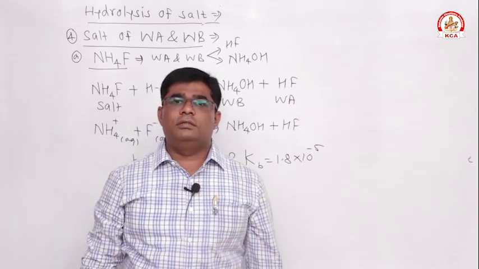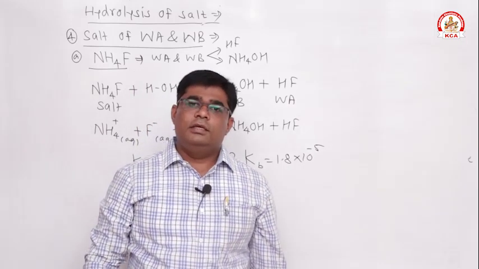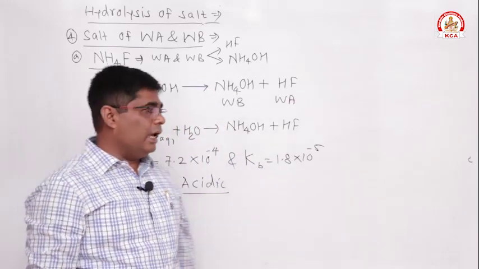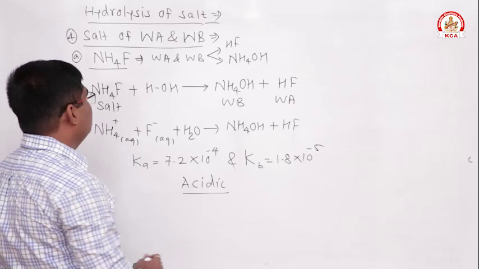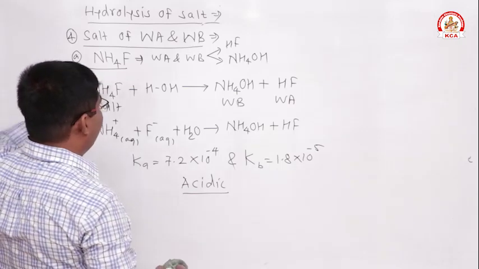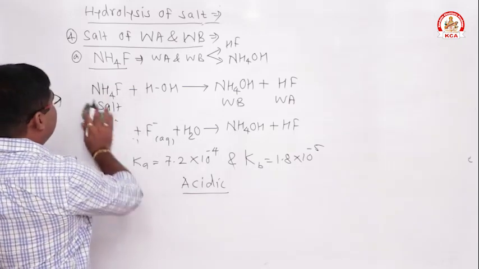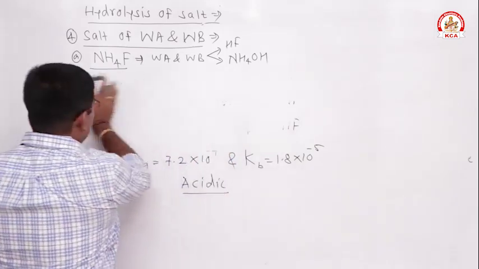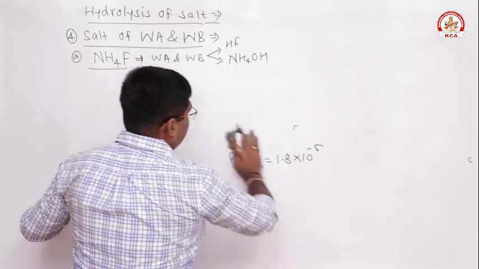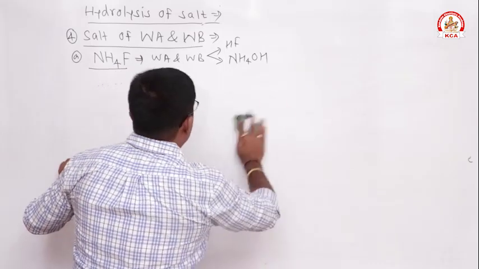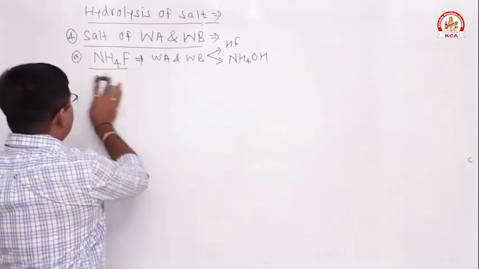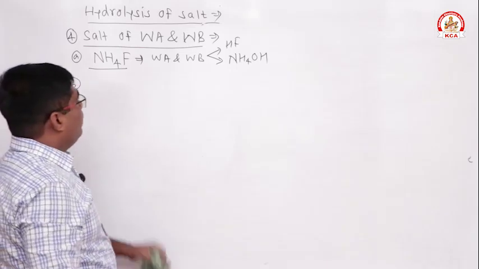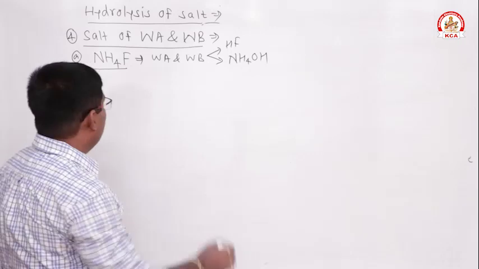Very simple reason, because Ka is greater than Kb आणि म्हणून सोल्युशनचं नेचर ॲसिडिक असेल. सो दिस इज one of the salts which is the weak acid and weak base. Now second example, that is same weak acid and weak base.